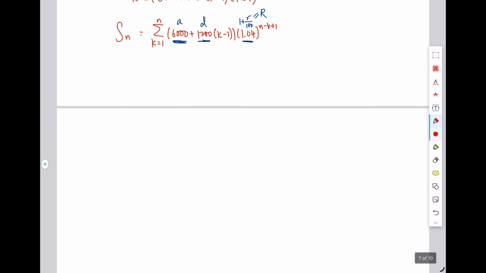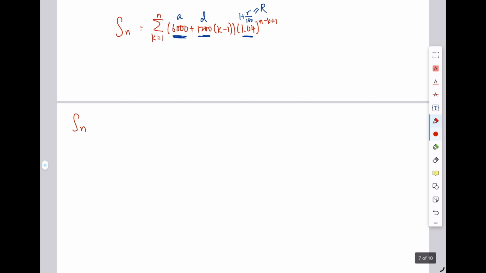So I can transform this whole Sn into the sum from k equals 1 to n of (A plus (k minus 1)D) times R to the power of n minus k plus 1.